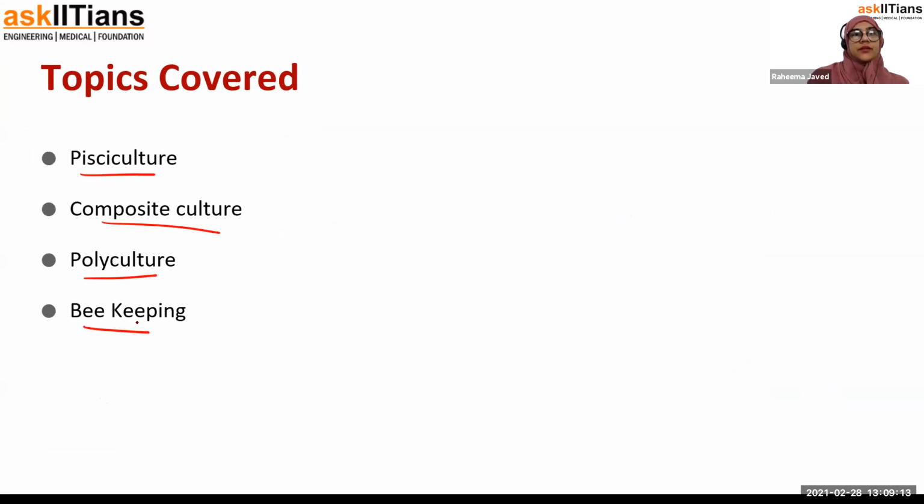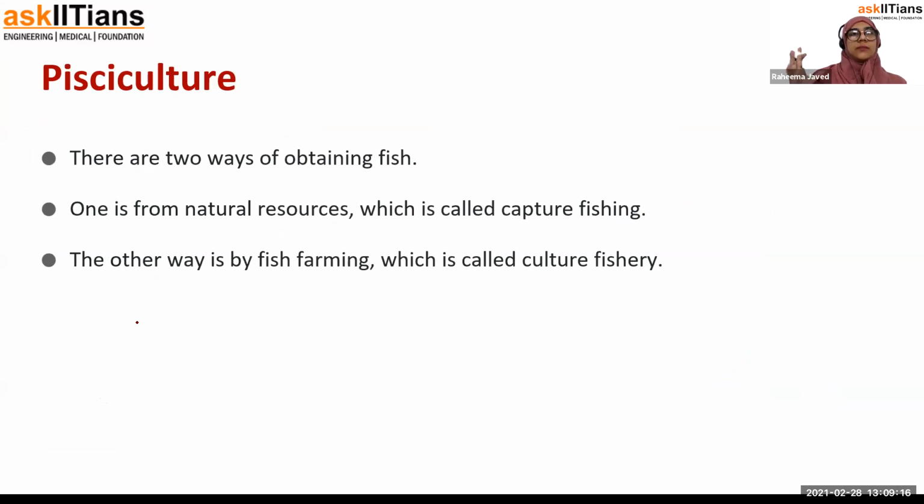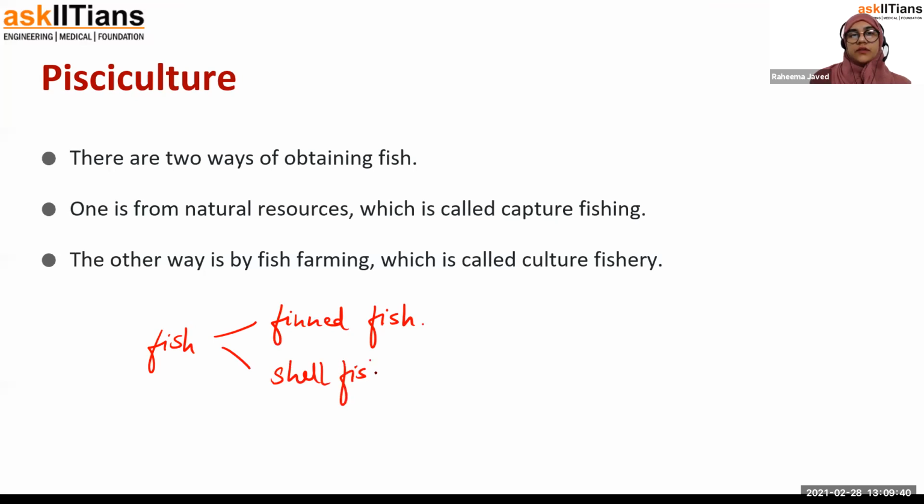You already know that fish is a very cheap source of protein, and there are basically two types of fish: finned fish, which have fins, and shellfish, like prawns and mollusks, which are soft-bodied animals enclosed inside a shell.